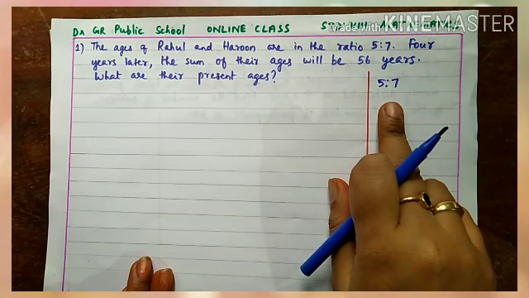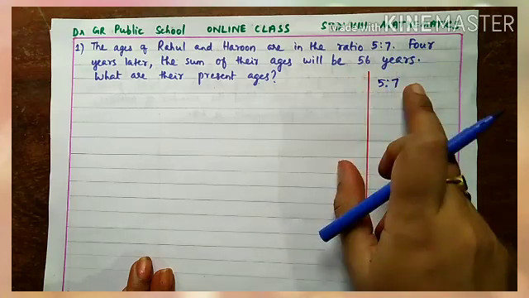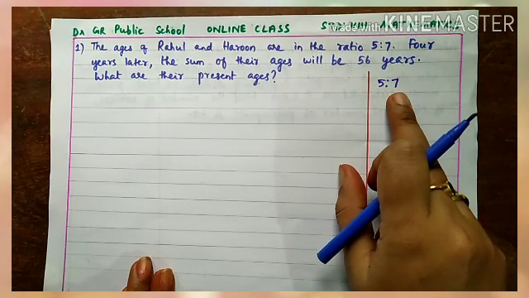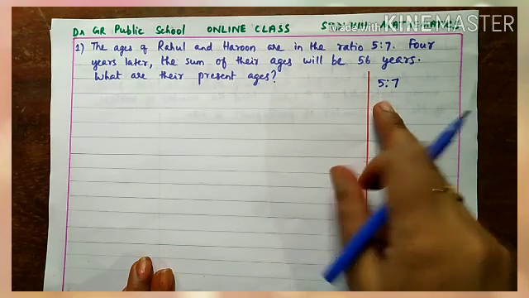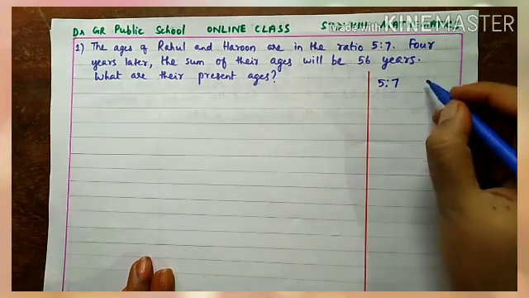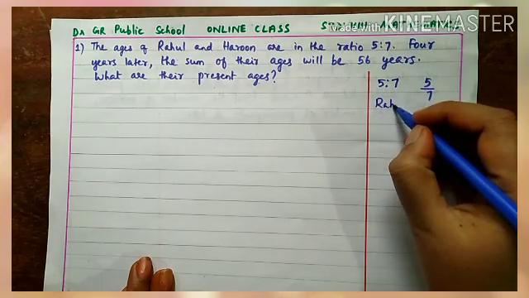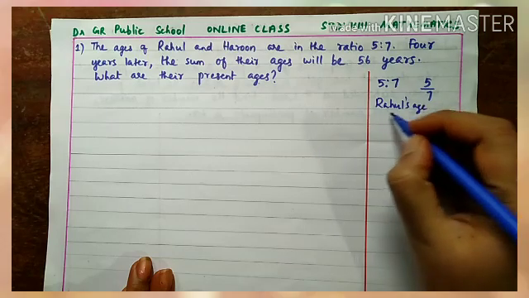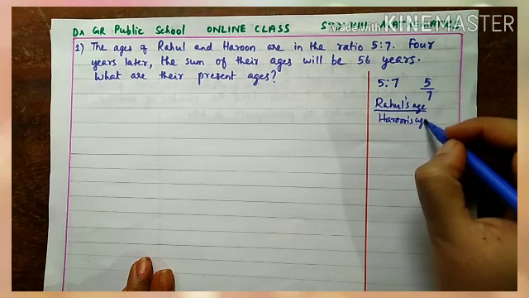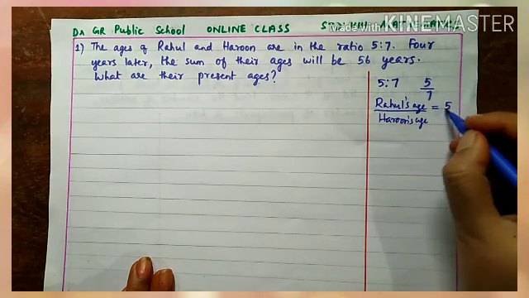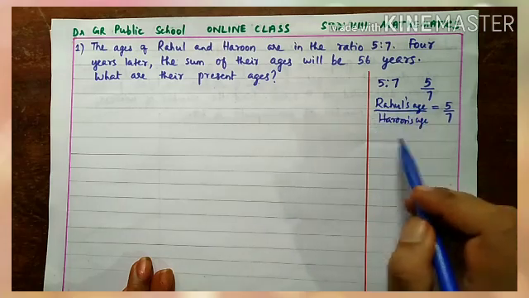And you know, in the previous class we discussed what we mean by ratio. Ratio is actually the reduced form, the standard form of an original fraction. So 5/7 is the ratio of Rahul's age to Harun's age, and we need to find their present ages.